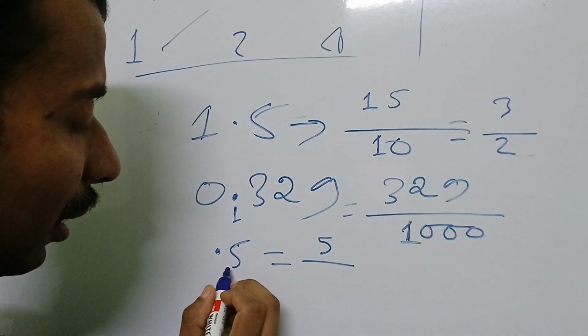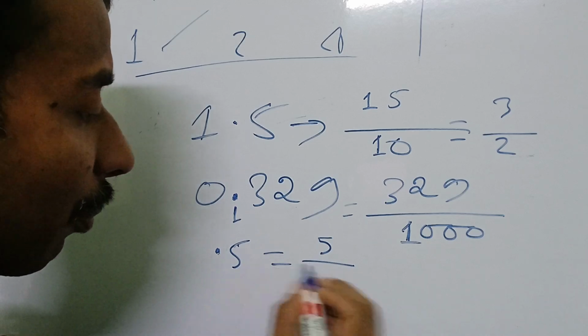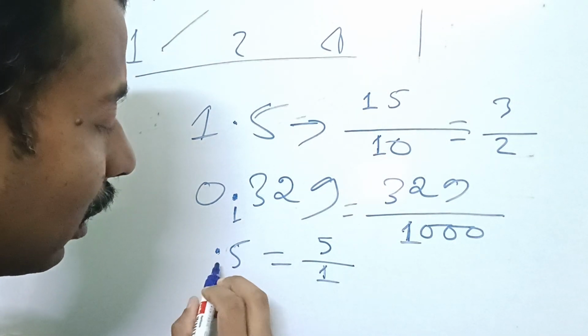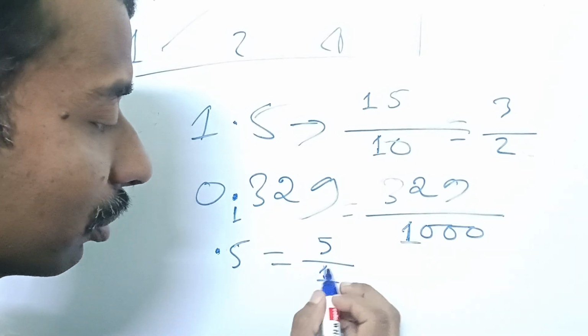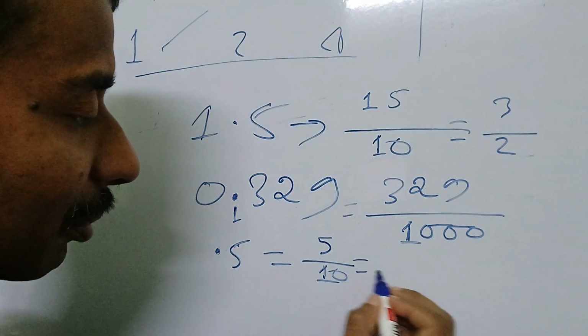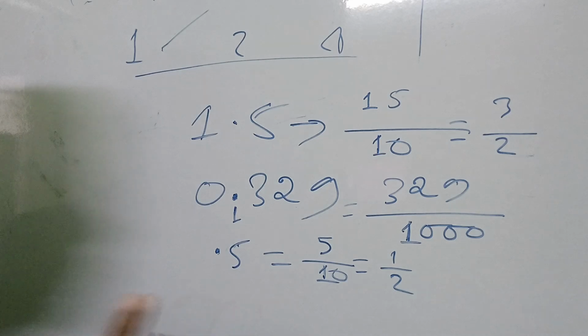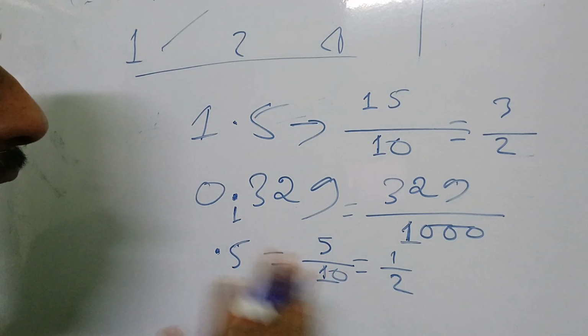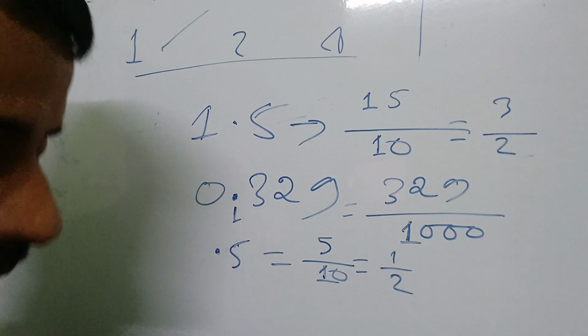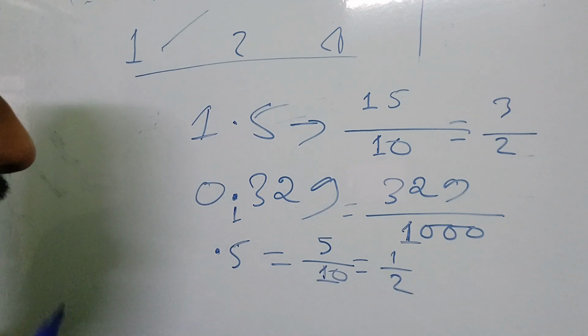For the point 1, and after this point, how many digits? 1 digit, so 10, and it can be simplified to 1 by 2. This is the relation. In this way you can convert decimal to fraction, fraction to decimal, whatever.